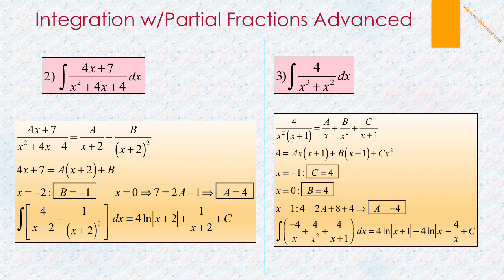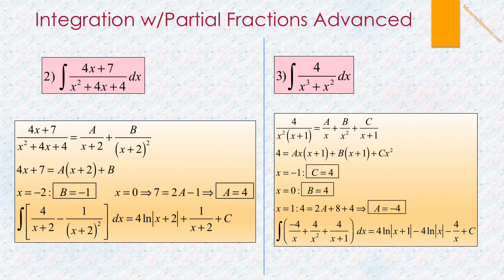Multiplying every term by x²(x + 1), we get 4 = Ax(x + 1) + B(x + 1) + Cx². First job, we will let x equal -1, and from there we get C is equal to 4.